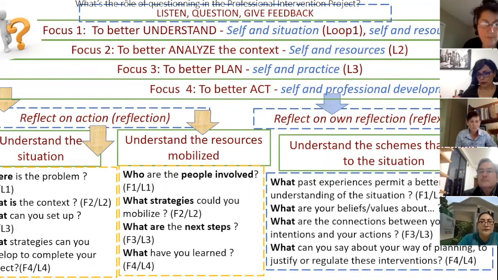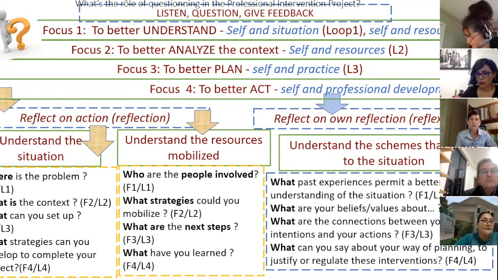Just a few minutes ago, Flori, you were telling us that we cannot measure reflection, but we can certainly observe it. And you were also explaining to us that there are different levels of reflection. So what we do with the PIP is question the person so we can go through different levels of reflection.